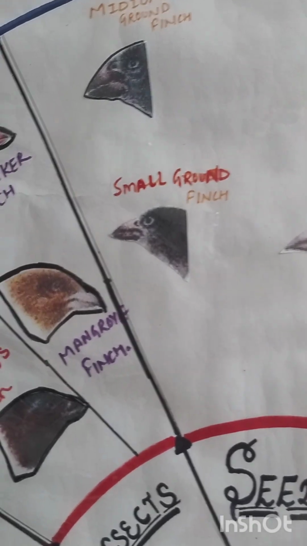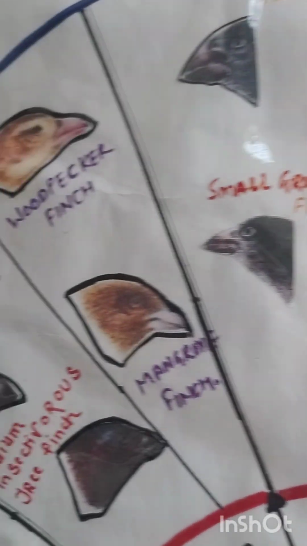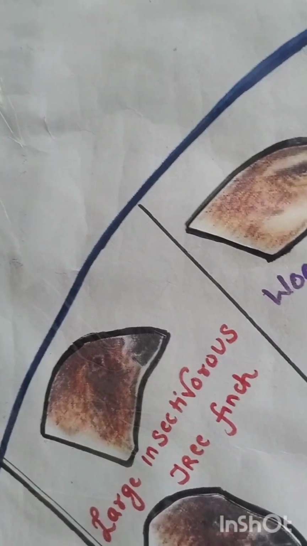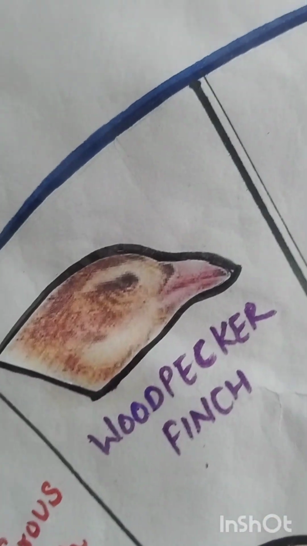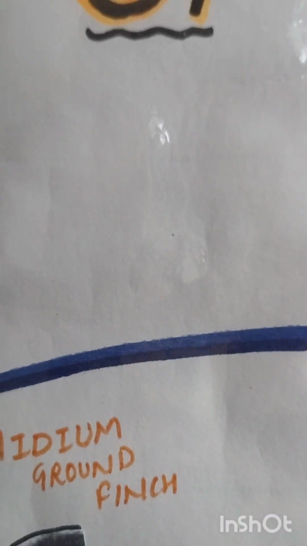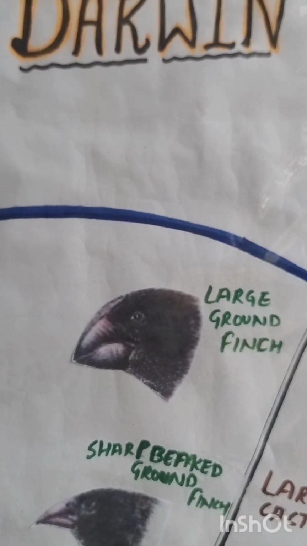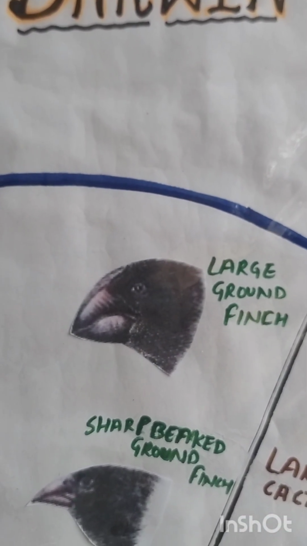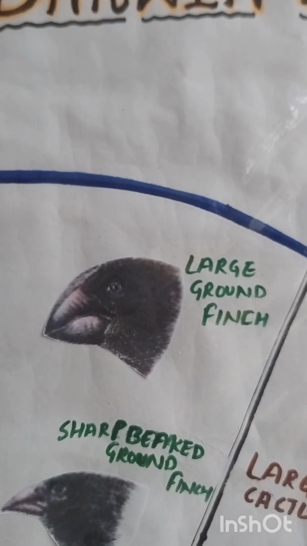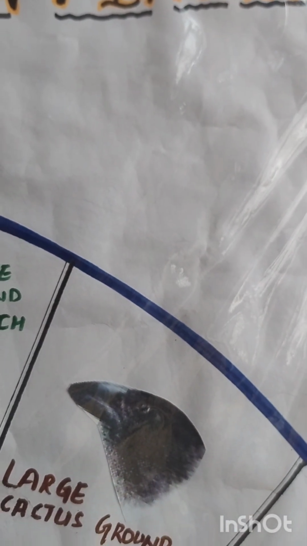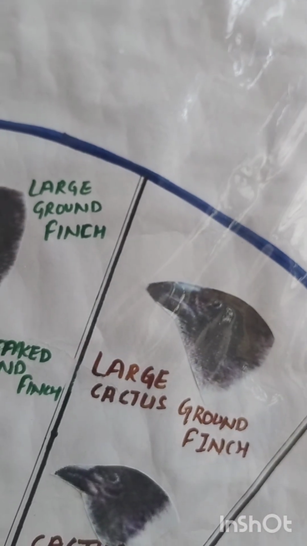You can see here they have drawn the different diagrams: vegetarian tree finch, large insectivorous finch, woodpecker finch, medium ground finch, then large ground finch, then sharp-beaked ground finch, large cactus finch, ground finch, and warbler finch.